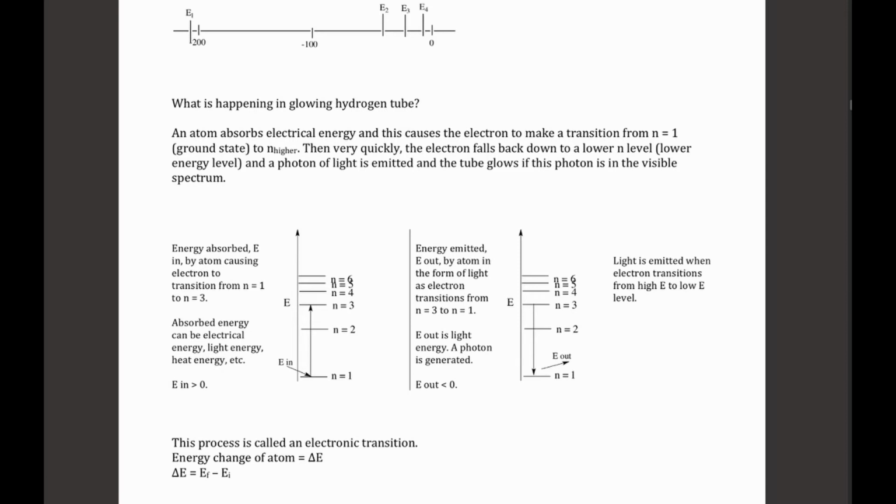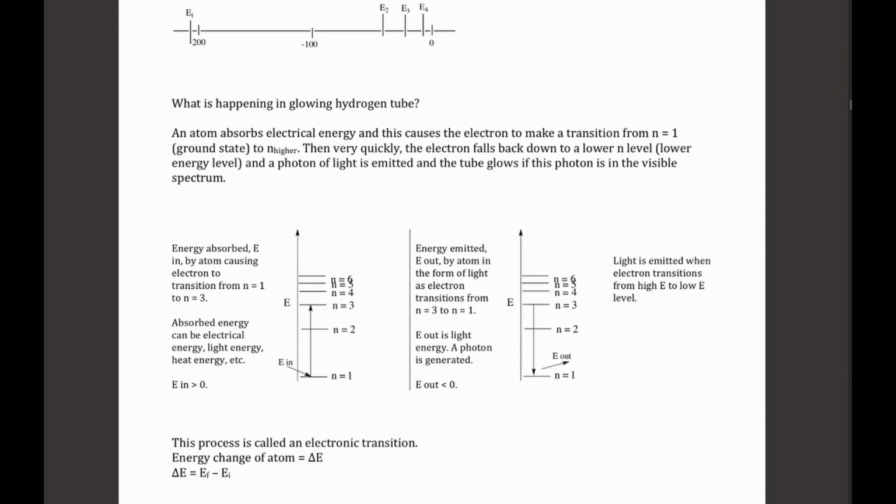So notice in our second diagram there, energy emitted, which I'm referring to in the diagram as energy out, by the atom in the form of light as the electron transitions from the n equals 3 to the n equals 1 level. E out is light energy, a photon is generated.